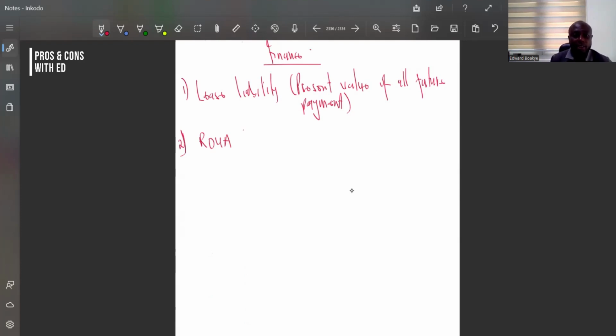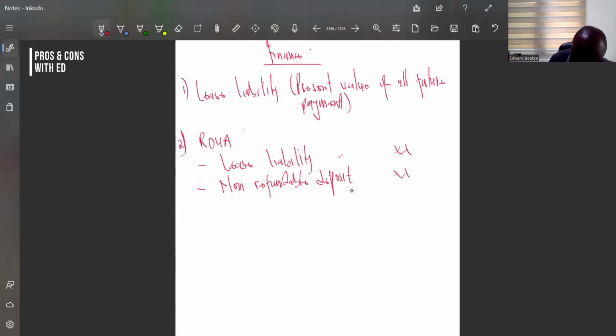We made mention that it starts with the lease liability, plus the non-refundable deposit, plus direct expense, and then minus the refund from lessor. Then we get a right of use asset.